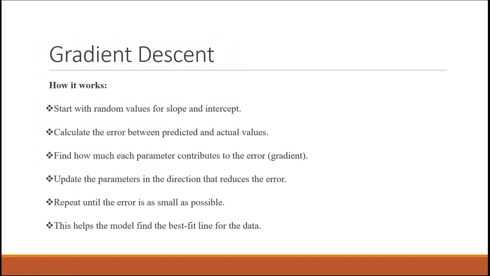So gradient descent starts with random values for the slope and intercept, both beta 0 and the slope, which is the derivative of our loss function with respect to those coefficients, and calculates the error between predicted and actual values.